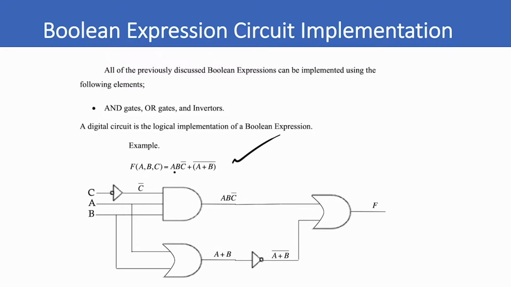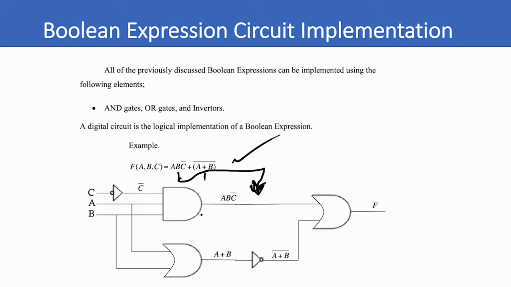This Boolean expression is A, B, C bar plus A plus B, the whole sum term inverted. We add the two together. So we take C bar times AB, and we get ABC bar. That's this piece right here.